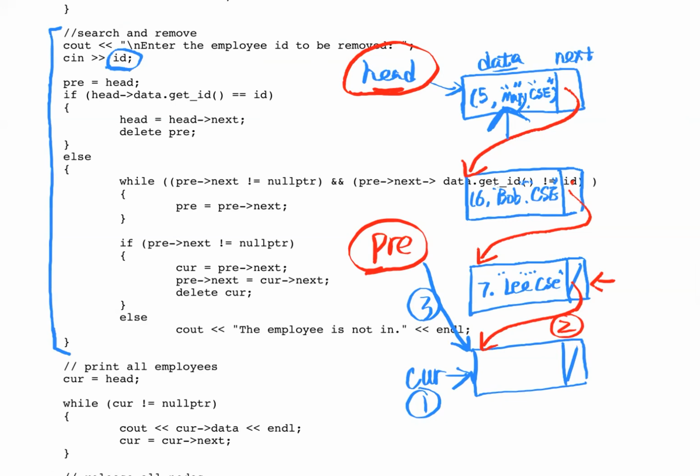Now the first node is a special case. If the target employee, meaning the employee to be removed, is in the first node, we will remove the first node.